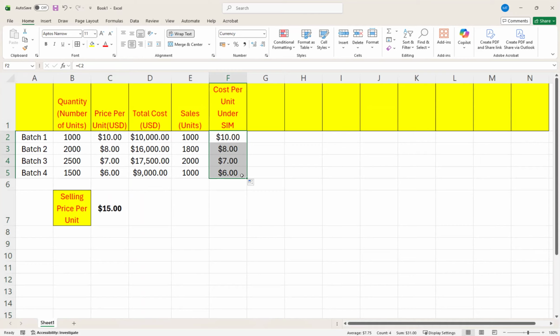Now the selling price is 15. If this is my cost and I want to find out the revenue, does it matter whichever method I use with respect to my total revenue? Think about this.